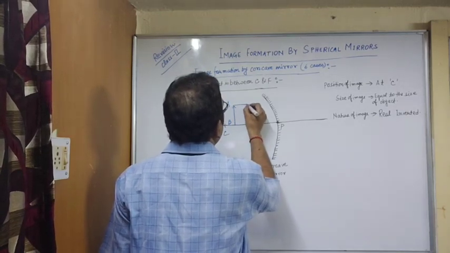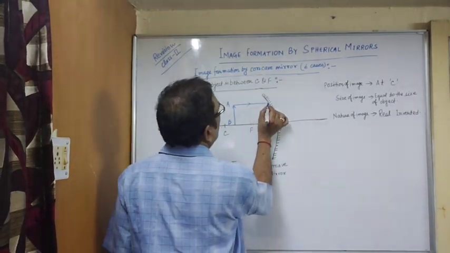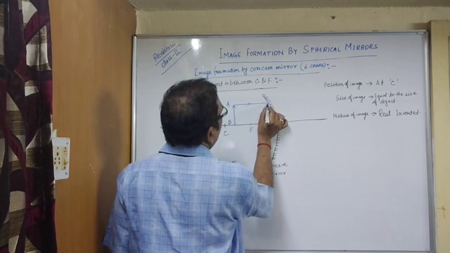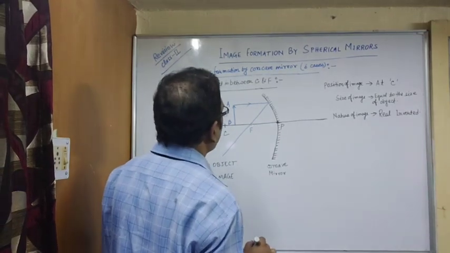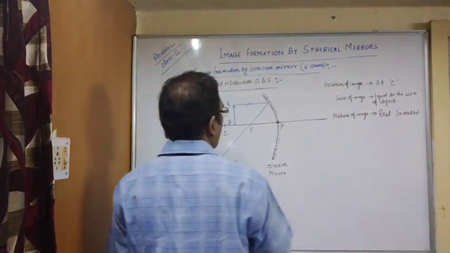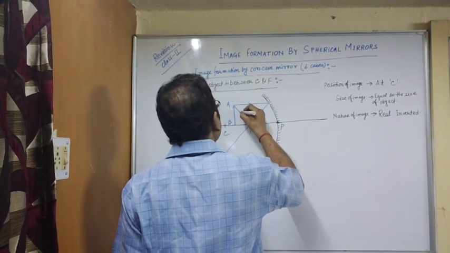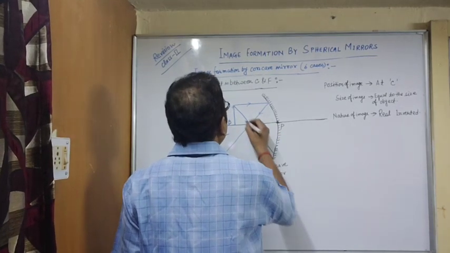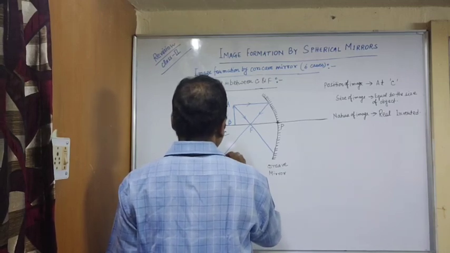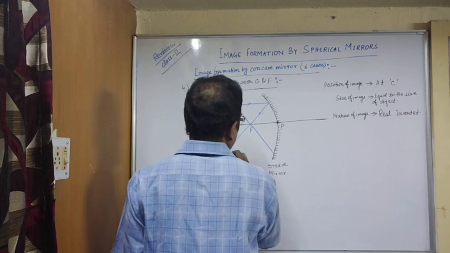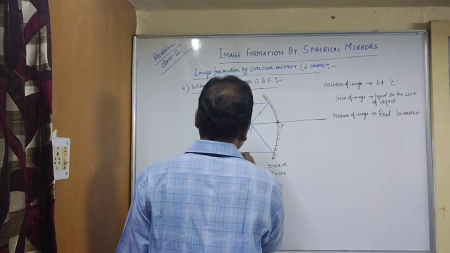Take a ray parallel to principal axis. So this ray will pass through principal focus, isn't it? Take another ray through principal focus of the mirror, and after reflection it will be parallel to principal axis, this ray.